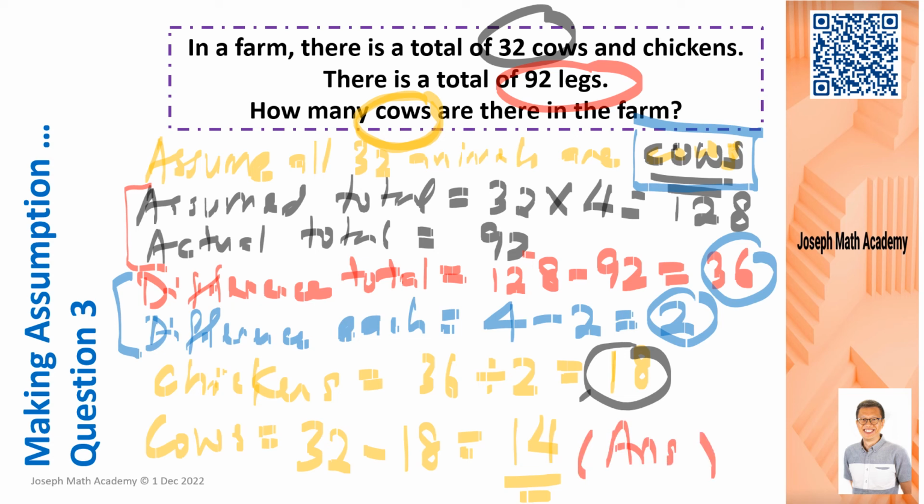You notice if you forgot to assume the opposite, you will have one extra line. That means you have to do this extra step.